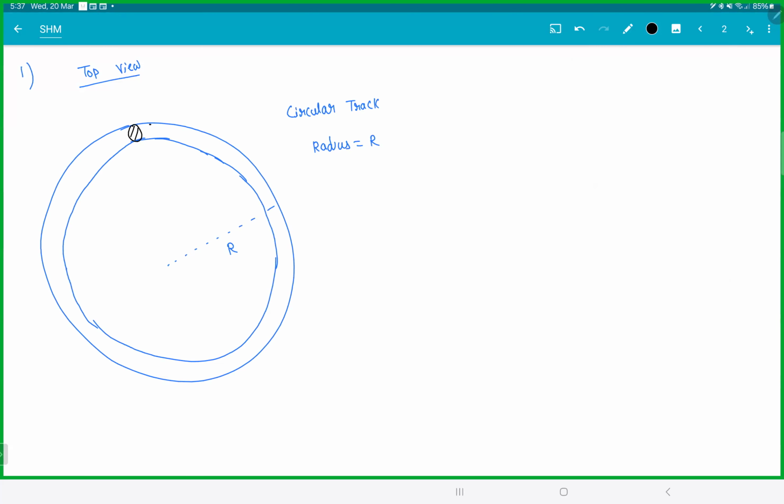We have two balls here, A and B. They have the same mass, and e is equal to 1. B is given speed 2u. A is given speed u. So what will happen? A will go like this, B will go like this, they will collide, and they'll keep on colliding between them. This is a top view, there is no gravity. Find the time period.